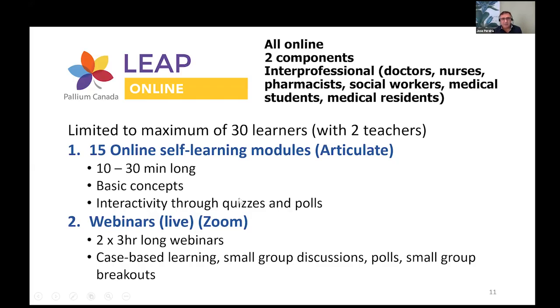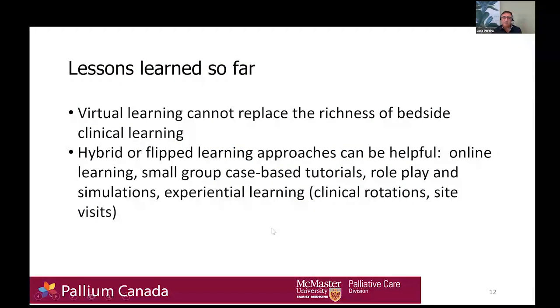And there's interactivity, quizzes, and polls, and you can even break them up into smaller pieces. So they learn the basic concepts in these modules, and then we do the live webinars. And these are case-based learning. They're all cases, and we apply the cases with different professions learning at the same time, including we now bring in students, medical students into that as well.